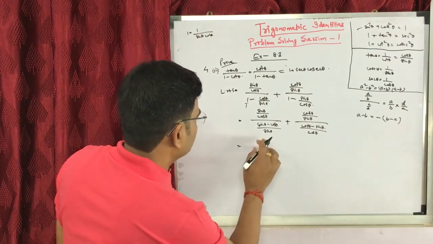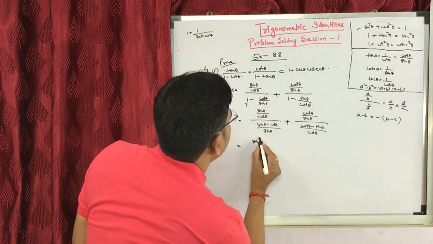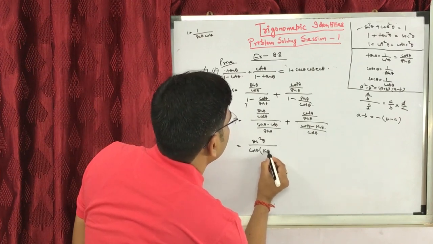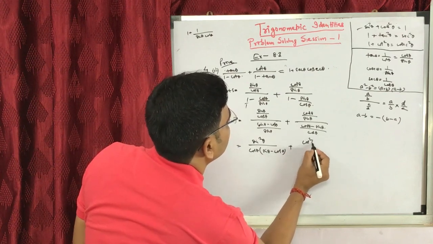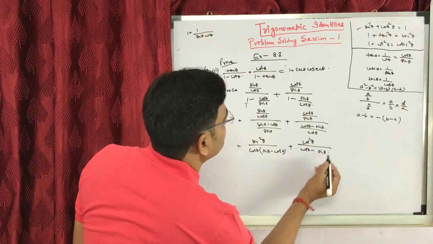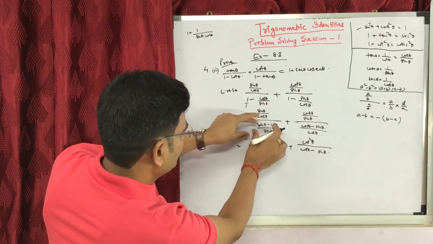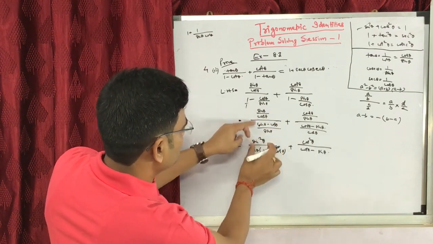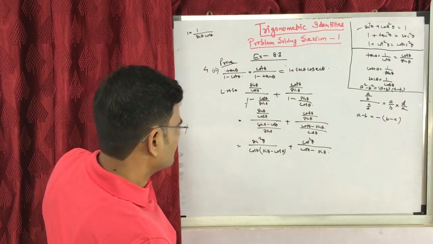So this becomes sin square theta by cos theta into sin theta minus cos theta, and this becomes cos square theta by cos theta minus... You understand that this becomes a by b into sin by sin theta minus cos theta. Now sin into sin is sin square theta, and cos theta into sin theta minus cos theta. Similarly this one.